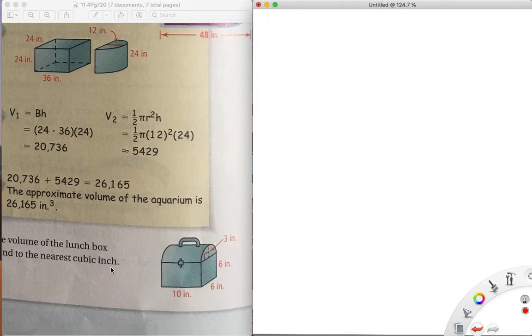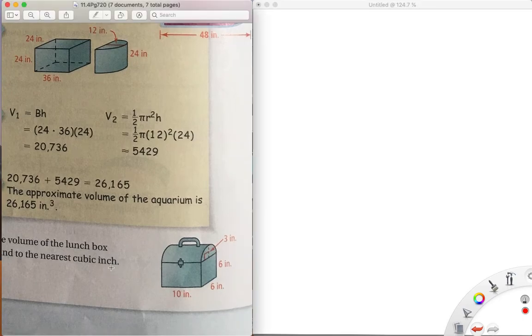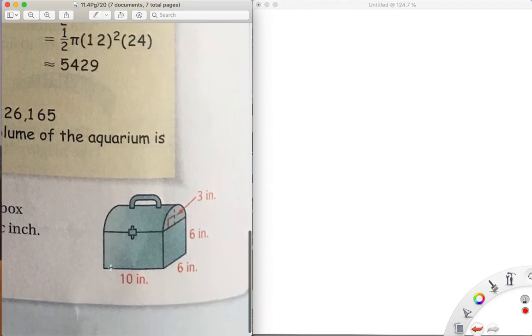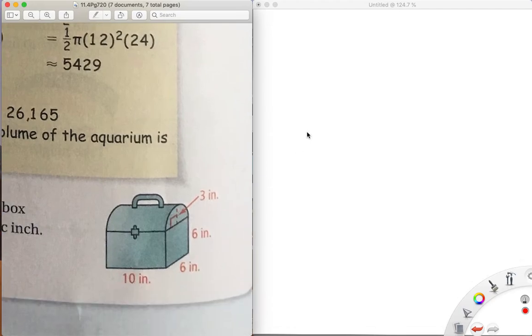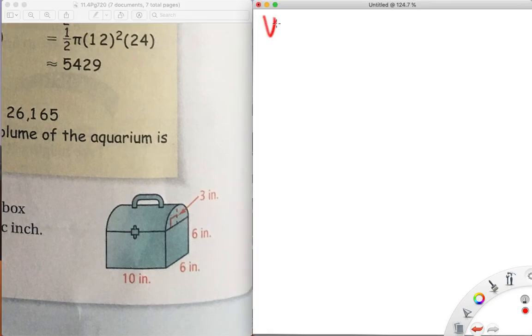So similar to what we just saw, we have a lunch pail which has two volumes. We have the volume of the prism, and we have the volume of the cylinder.